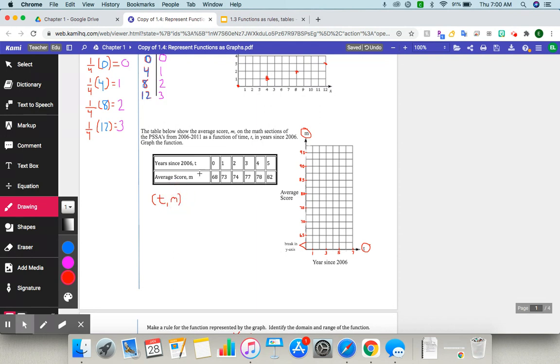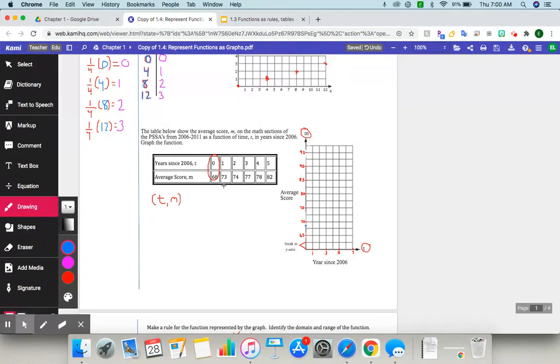So for example, when t is 0, M is 68. So my first point at 0, 68 is about right here. When t is 1, my output is 73.